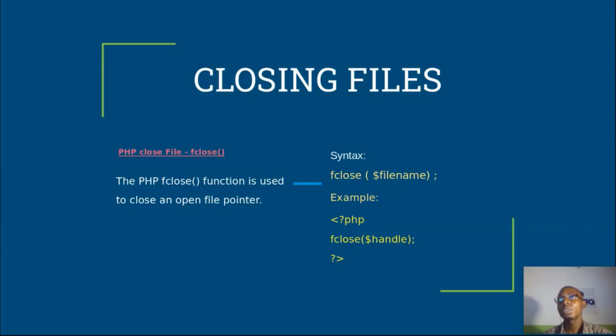So the PHP fclose function is used to close an open file pointer. When I say open file pointer, it means that whenever you're working with a file, there is a pointer that points to the location of this file. Once you are done with the file, you might want to unlink or disconnect that pointer from it. You use the fclose method.